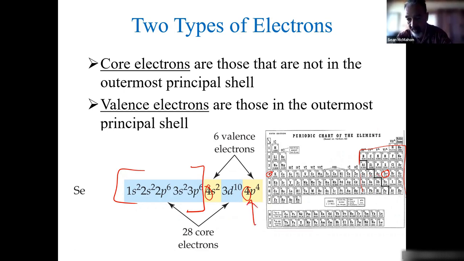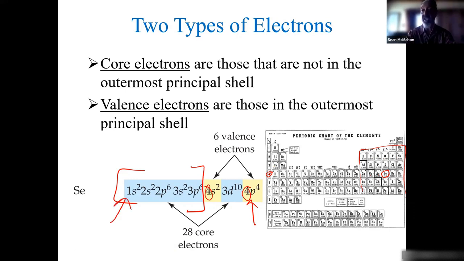If I was to go backwards, 4p4, 3d10, 4s2, 3p6, 3s2, 2p6, 2s2, 1s2.